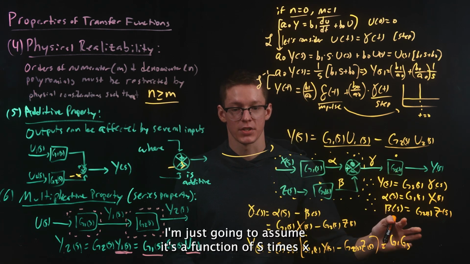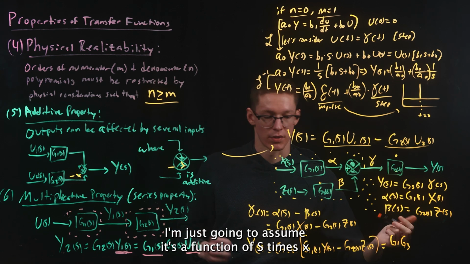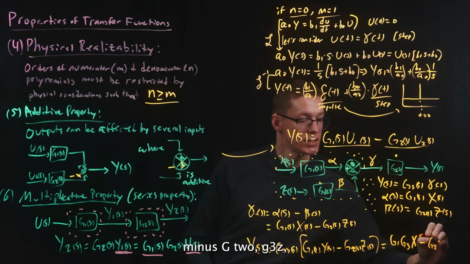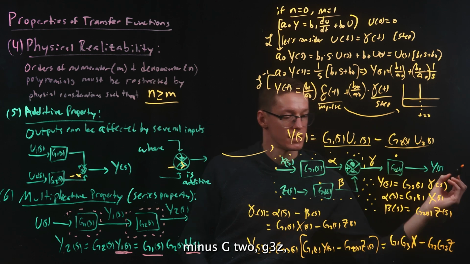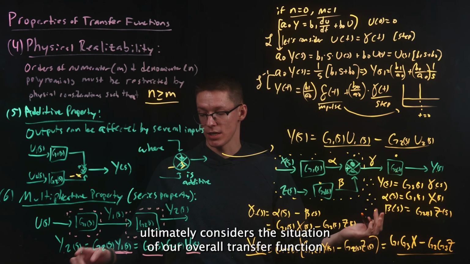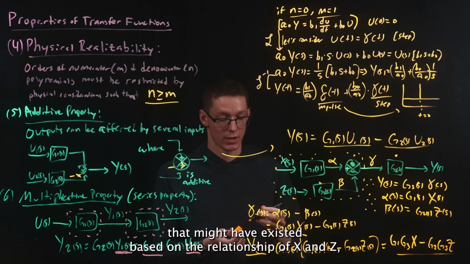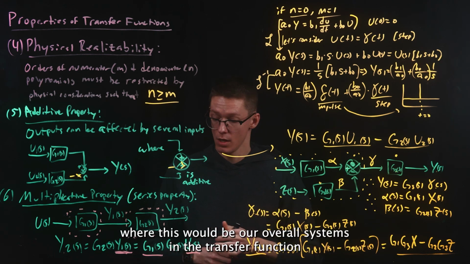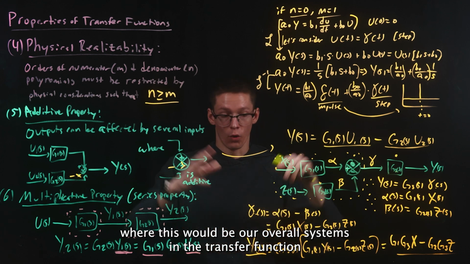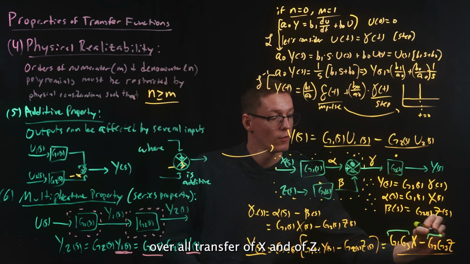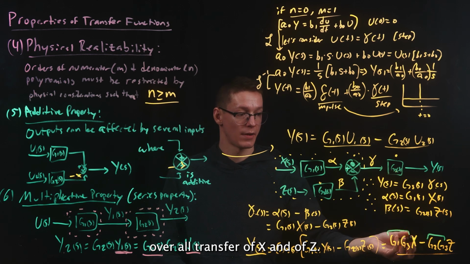For space, I'm just going to assume it's a function of s, times x, minus g2, g3, z. And that ultimately considers the situation of our overall transfer function that might have existed based on a relationship of x and z, where this would be our overall system transfer function of x and of z.